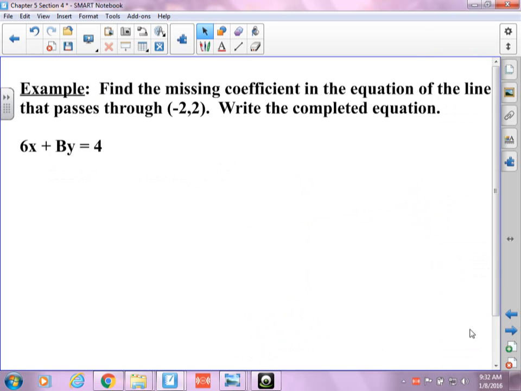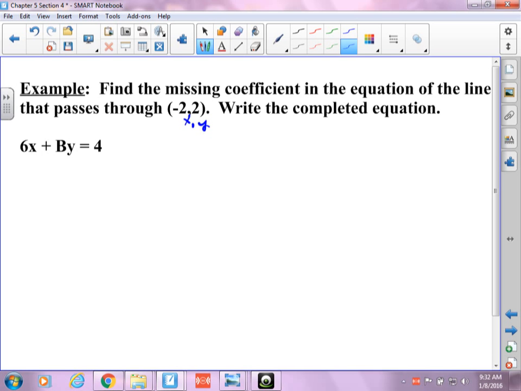Find the missing coefficient in the equation of a line that passes through negative 2, 2. Write the completed equation. Okay. So do I know what b is? I don't. Do I know what x and y are? Yeah, I do. How do I know it? Because it's the ordered pair, right?